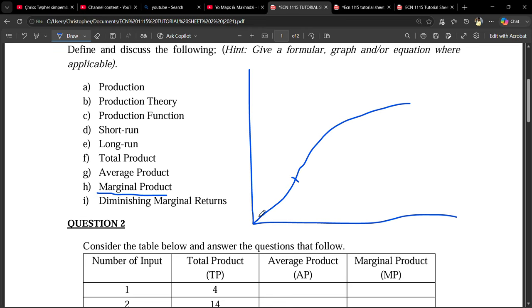Starting from here, the more you add labor to a fixed input, total product will be increasing exponentially. Once you reach the point of inflection, total product will stop increasing exponentially and start increasing at a decreasing rate.